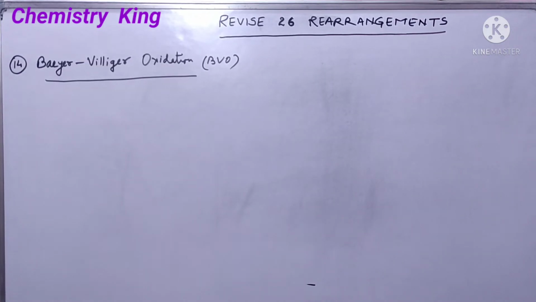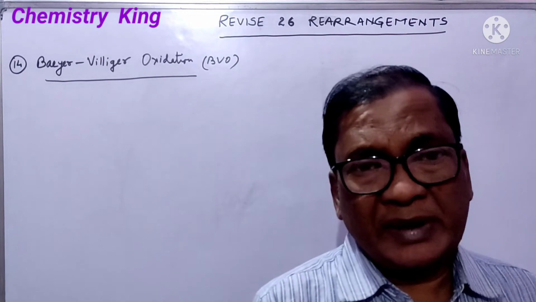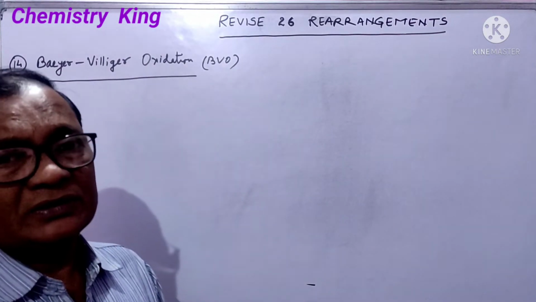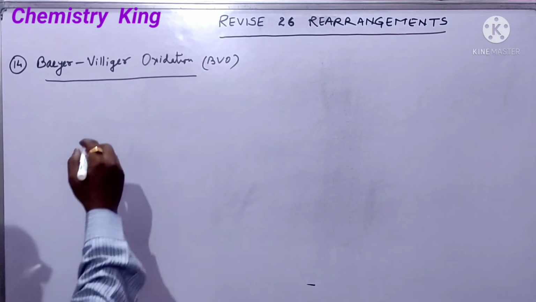Number 14, Baeyer-Villiger oxidation. When a ketone is treated with hydrogen peroxide or perbenzoic acid or metachloroperbenzoic acid, we will get an ester.